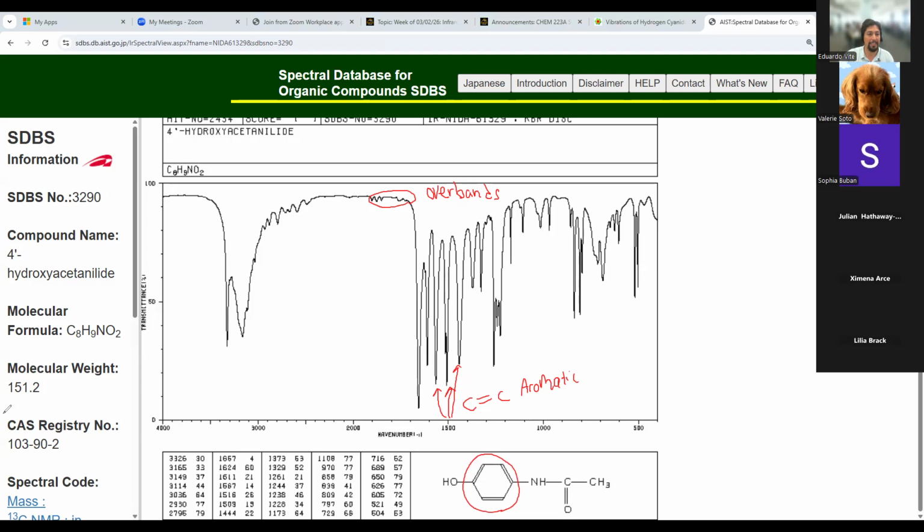Now, some of you are going to make a small mistake and you're going to tell me this one right here is also a carbon-carbon double bond, but that's not true. Which one is this one right here? Can somebody tell me? And look at your structure, right? And I'll give you a clue. This is 1700 right here, and this is 1600 right here, and you have a conjugated system. And it's also a very strong peak. So which one is this one right here in the green?